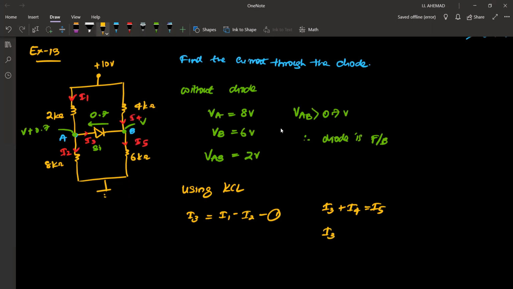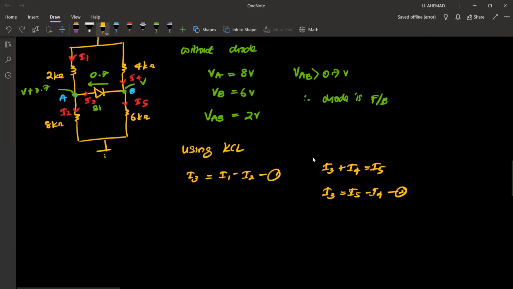Therefore, I3 can be written as I5 minus I4. That is the second equation. So both of them are equal. From 1 and 2, I1 minus I2 is equal to I5 minus I4.